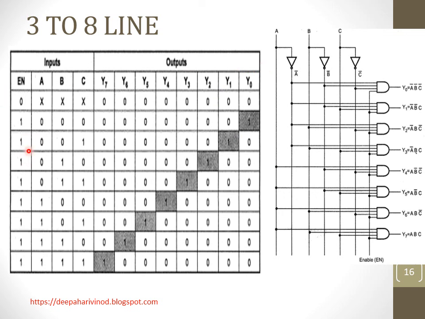If the input is 0 0 0, then Y0 will be high, and it goes on: 0 0 1 it is Y1, 0 1 0 it is Y2, 0 1 1 it is Y3, 1 0 0 it is Y4, 1 0 1 it is Y5, 1 1 0 it is Y6 and finally 1 1 1 it is Y7. In that way, for different combinations, the corresponding output of the decoder will be high.